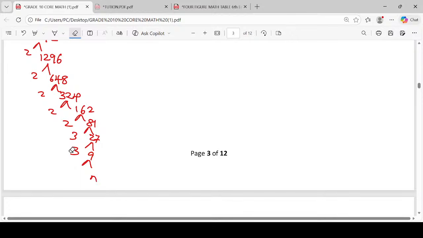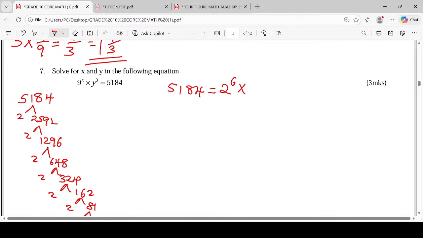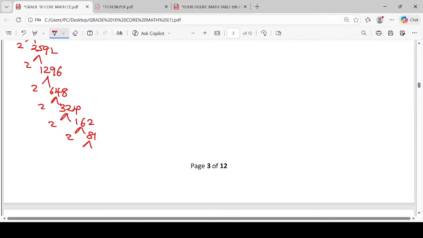At this particular juncture, after saying that 2 goes into 162, 81 times, I could have begun dealing with 9. 2 here, 162, 2 here, 81. Then instead of 3, I can talk about, in fact, let me start by breaking this down.